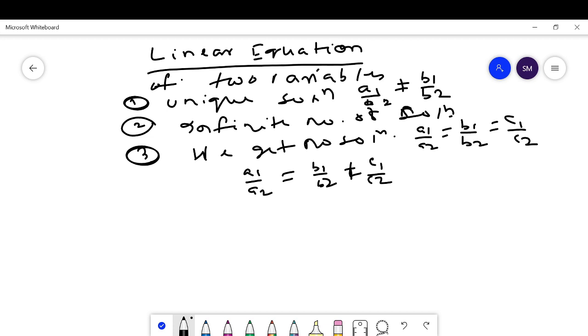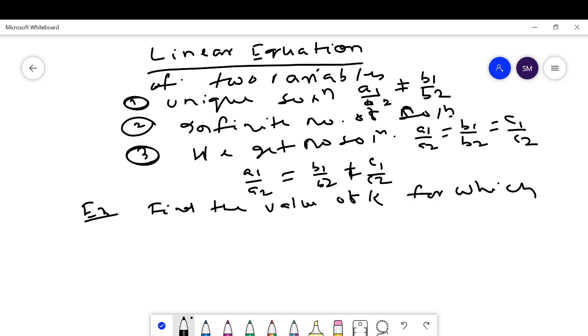Then we continue with this. Let us solve some examples. Here is the example given. Find the value of k for which the given equations have an infinite number of solutions.